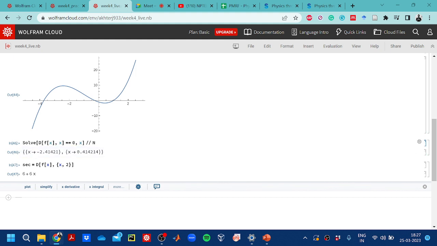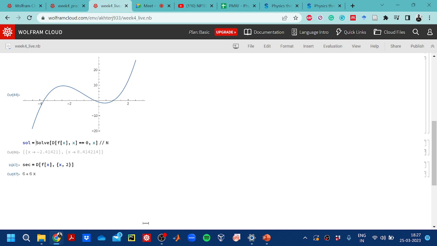For that we have to write it in the following way. First we have to store the value, so let us store this solution. This solution has stored the values of x.